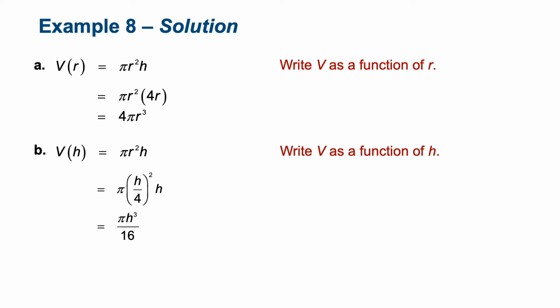Now, if I wanted to write V as a function of h, you guessed it, you would instead substitute for r. You would solve h over r equals 4 for r, so r is equal to h over 4, plug that into the volume formula, solve this, and you would get pi h cubed over 16.